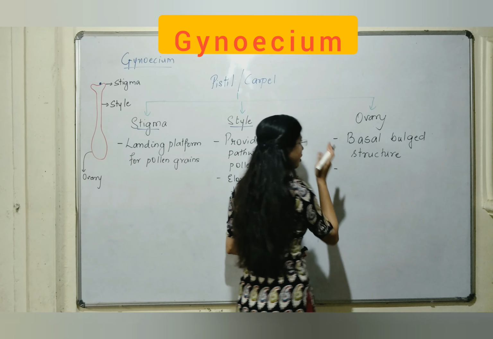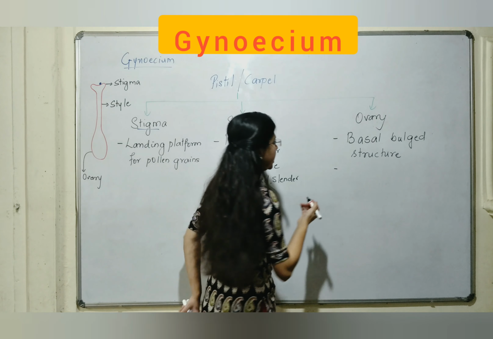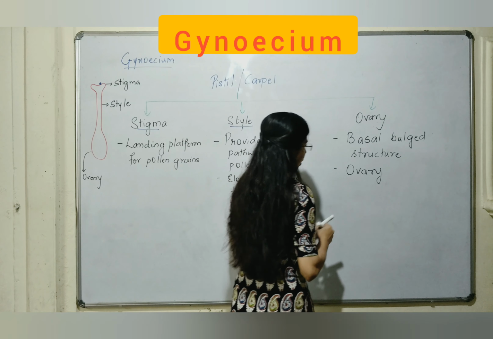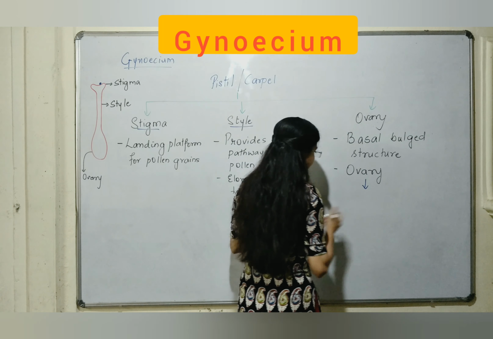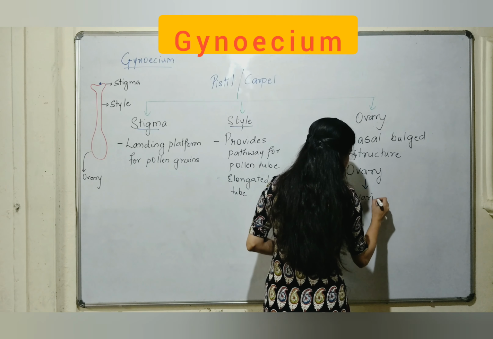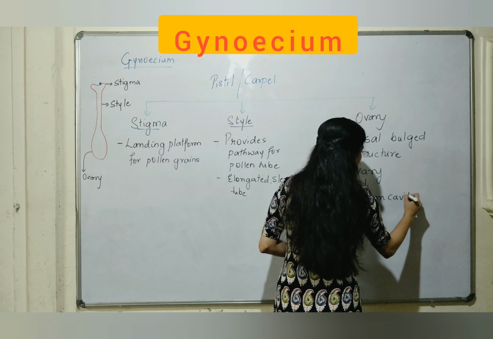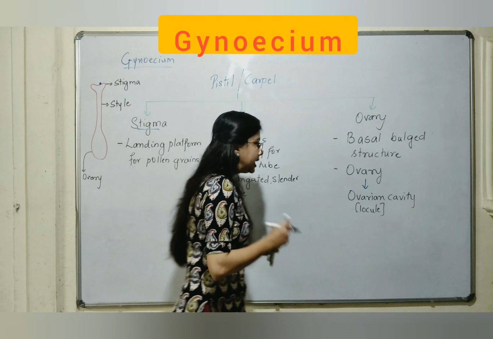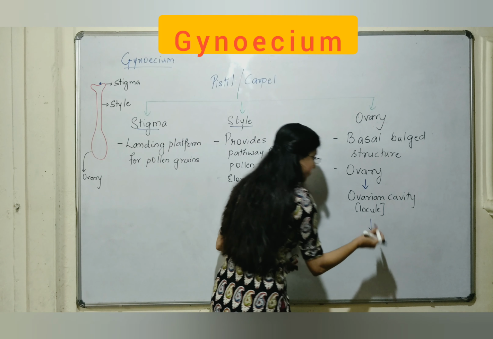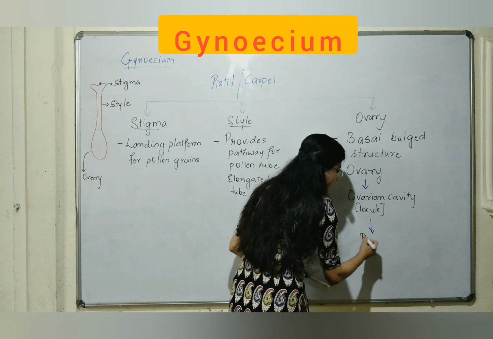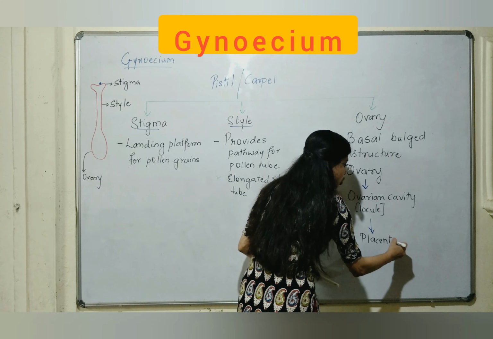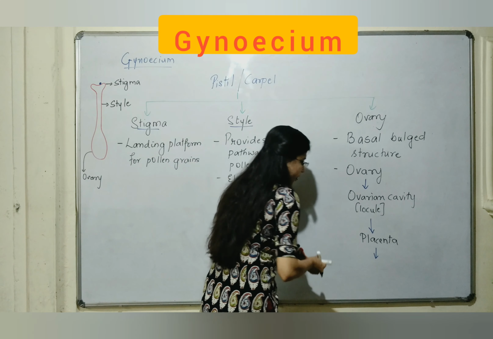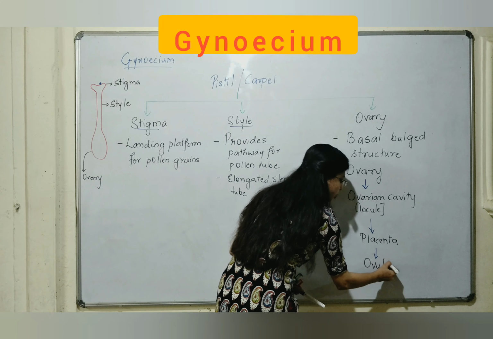Now, when you take a cross section of the ovary, inside the ovary you will find a cavity, which is called the ovarian cavity, or it can be termed as locule. Inside the locule is present a tissue called placenta, and to this tissue of the placenta is attached the ovule.